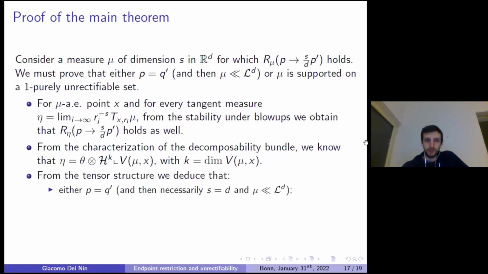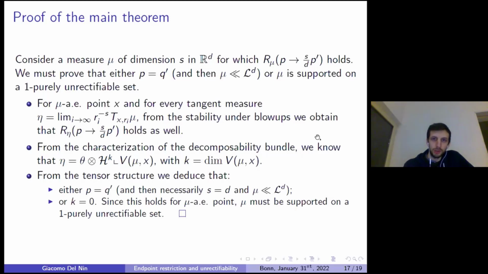Then, from what I told you in the previous slides, we deduce that since we have a restriction for a tensor measure, we are in two cases. So either we have that p equals q prime, and then necessarily s equals d, so the measure is absolutely continuous. Or, on the other hand, k equals 0.